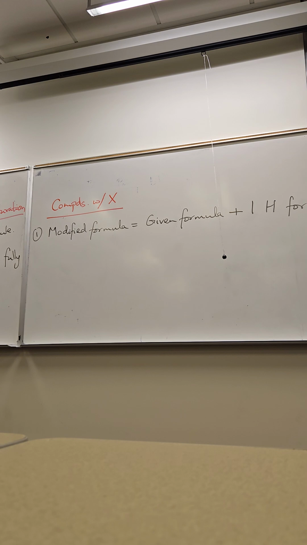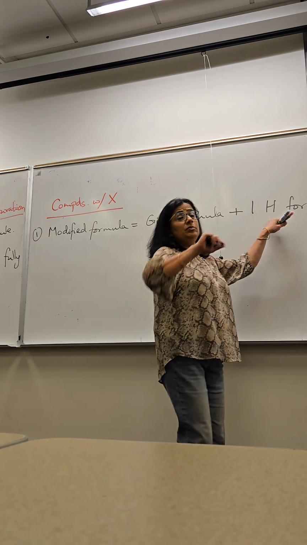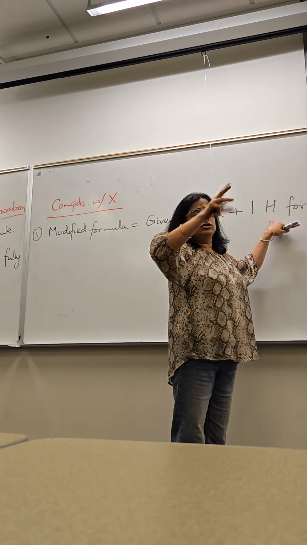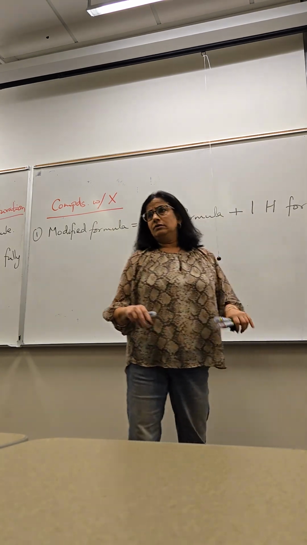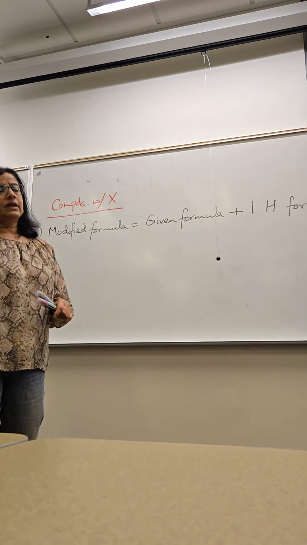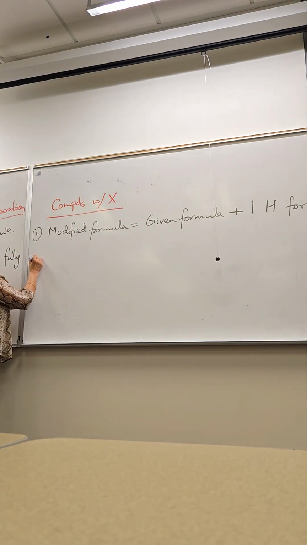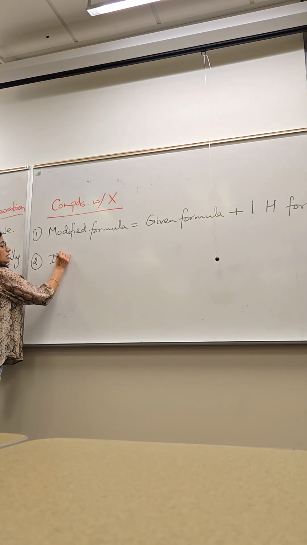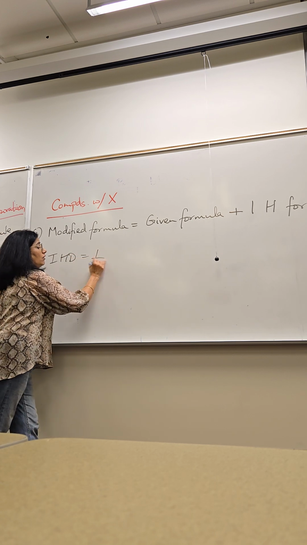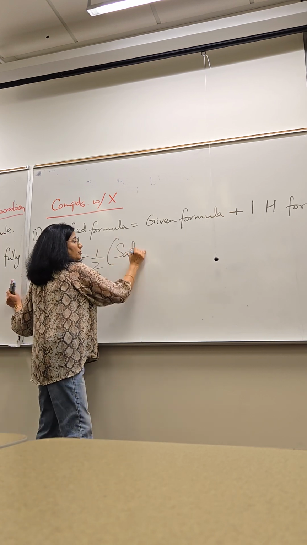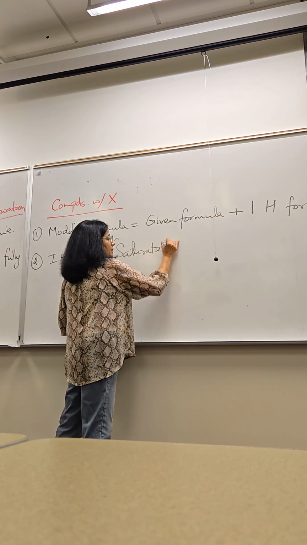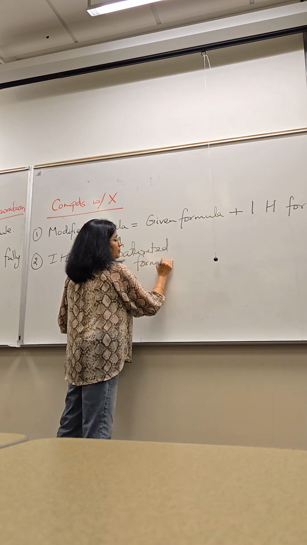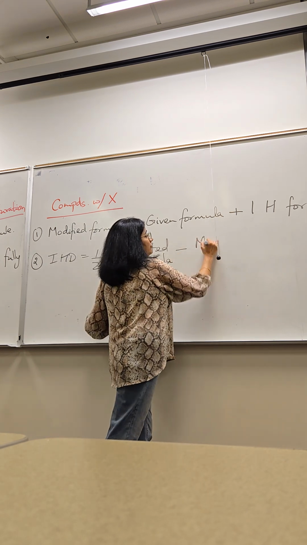So first we take the given formula and we modify it. How do we modify it? We basically replace every halogen with a hydrogen. Everybody okay? Yep. And then IHD equals half of the saturated formula, but this time minus the modified formula.